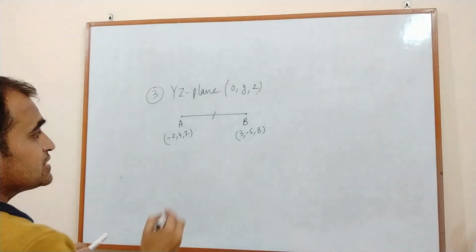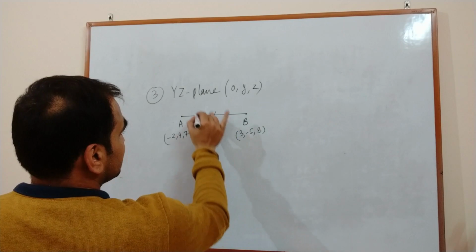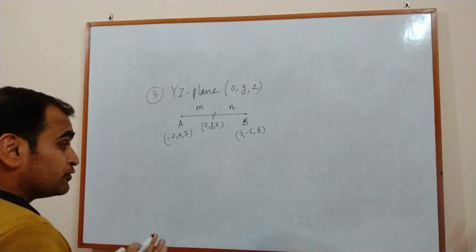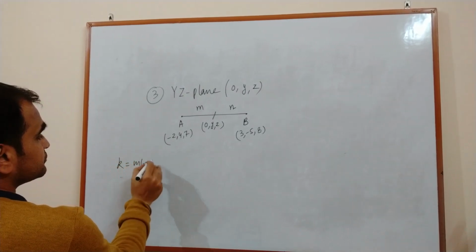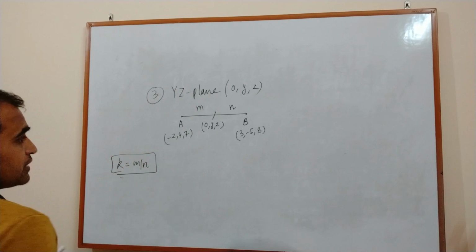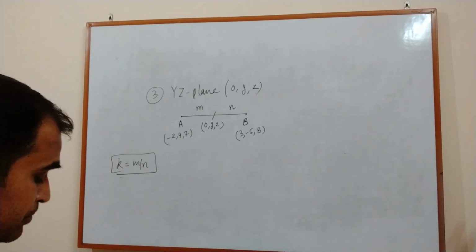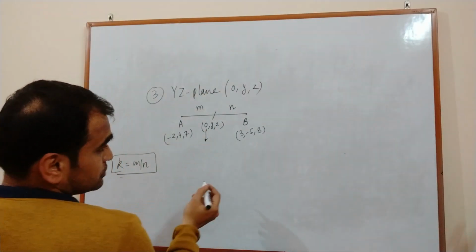Okay, so this is the point with the coordinates (0, y, z), and you can take this ratio as m ratio n. You can take it as k ratio 1 as well. K is nothing but m upon n only. So don't be confused. Here if you want to calculate the value of m ratio n, we can use the x value because this is known.